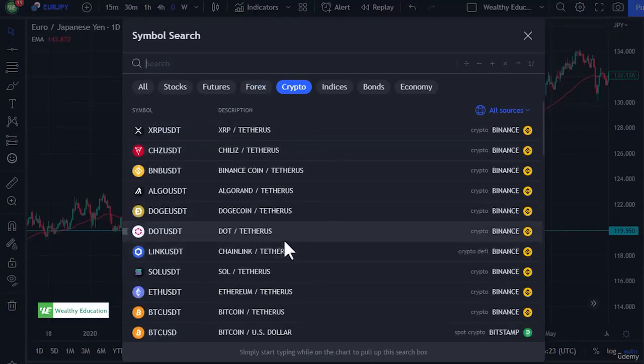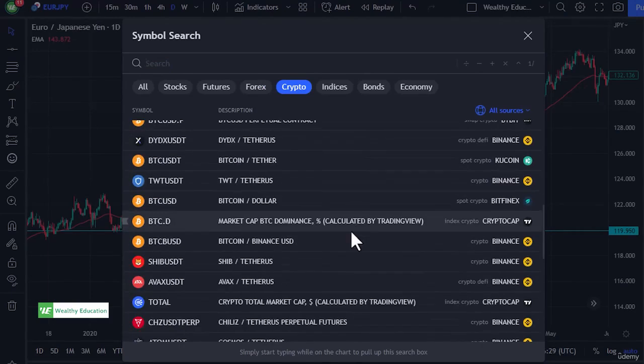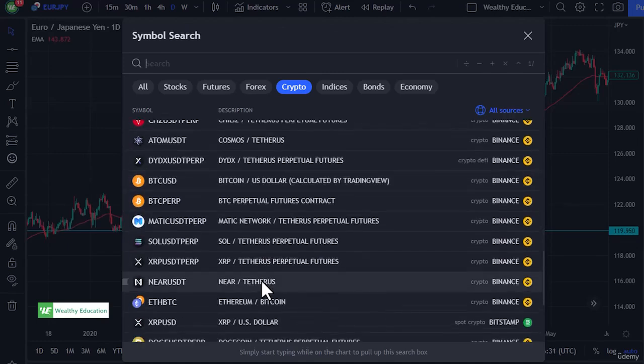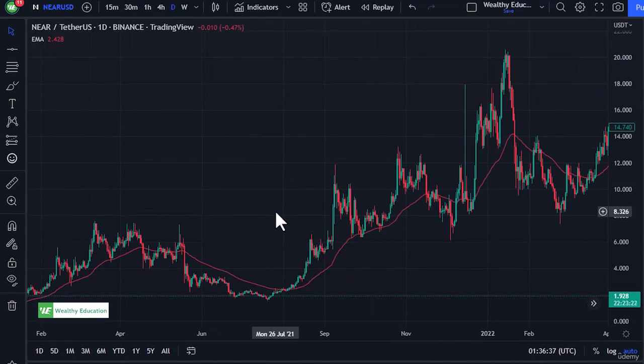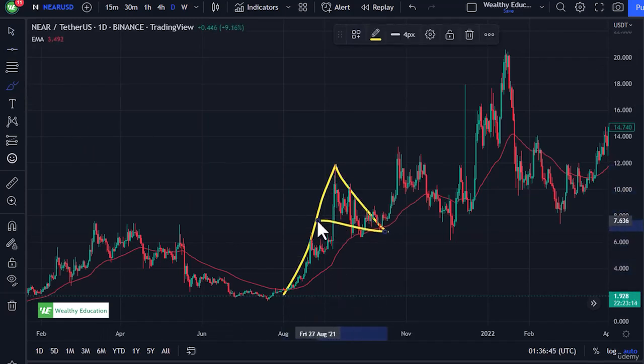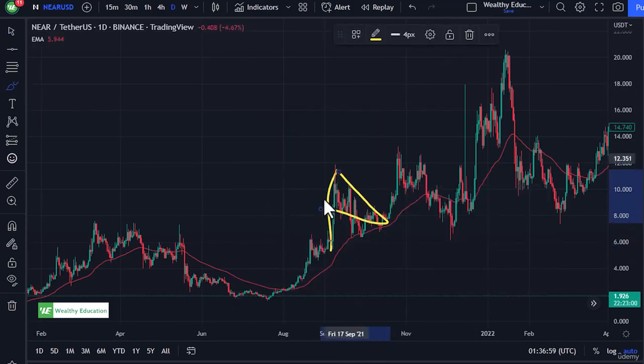And finally, let's do crypto and let's do something. Let's do Near Protocol. Okay, so here is a pretty messy pennant, but it is a pennant. You could, I suppose, look at it through the prism of something else, although I don't like that as much, truth be told.